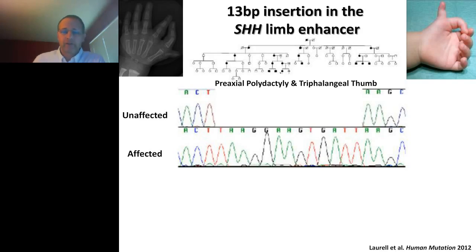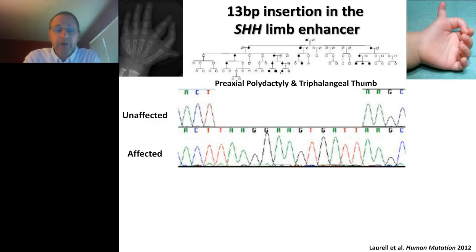So all of these guys had this 13 base pair insertion that was added to the enhancer, in all the affected members up there on the top. And so the next step is to try to characterize what this 13 base pair mutation does.